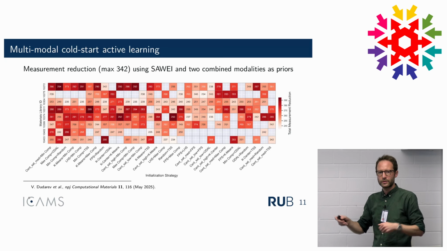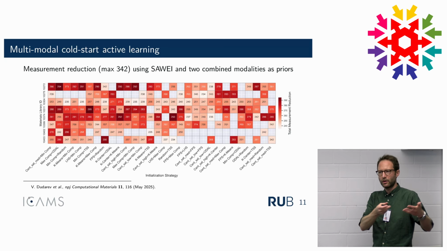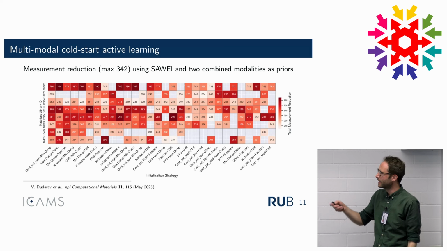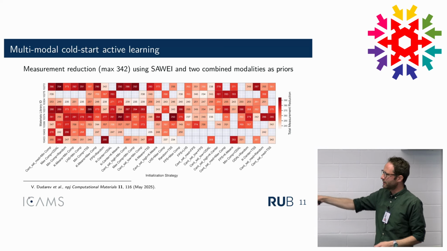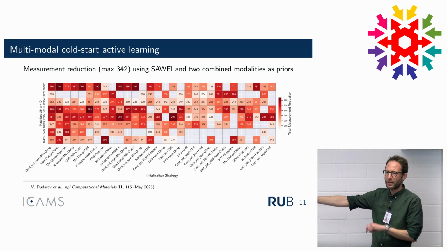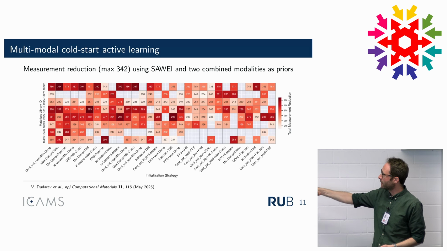So what we did here is we not only used one modality of prior knowledge to initialize this process, but we used two modalities. And it's not 100% clear from this figure, but on this you just have to trust me because of time limitations, that these word embedding correlations are very helpful in speeding up the measurement.